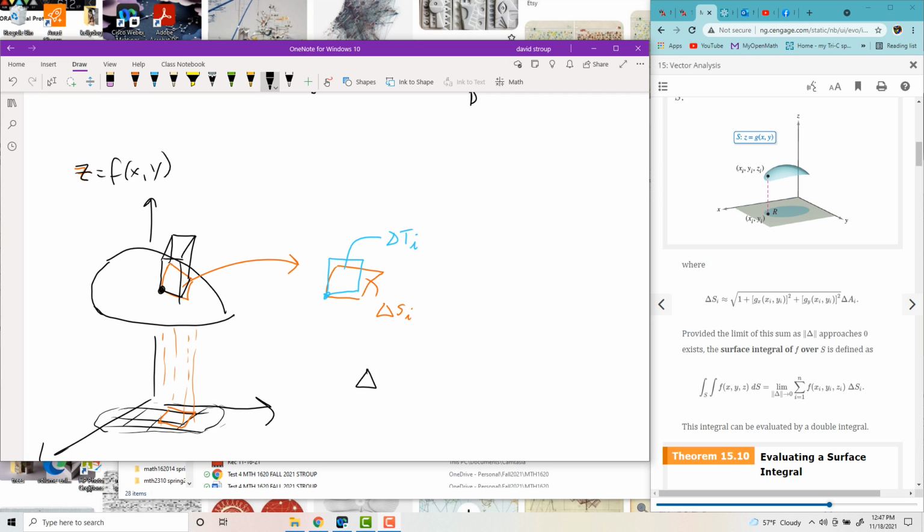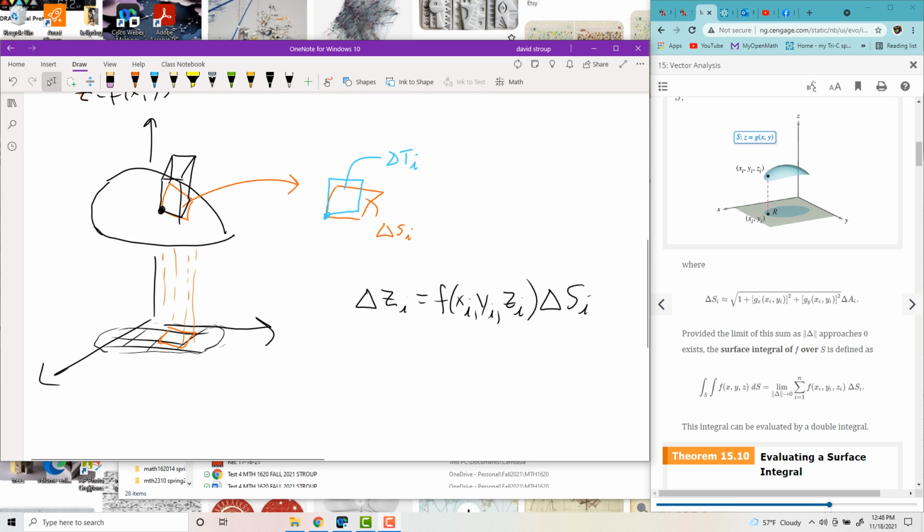I guess I'll call it delta big Z sub I, which we'll say is f of x sub I, y sub I, z sub I times we wish the change in s sub I, but of course we're approximating change in s sub I with that crazy square root thing, and then we're summing over the surface and getting our integral as we take the limit as the norms of the rectangles in the xy plane go to 0.